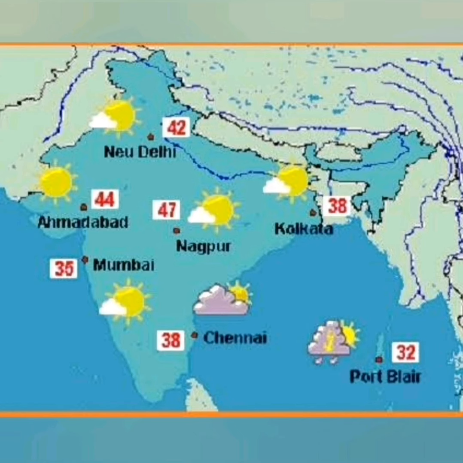Here you can see one weather forecast map in which the temperature of various places is mentioned. In Ahmedabad, the temperature will reach up to 44 degrees. In New Delhi, up to 42 degrees. In Chennai, up to 38 degrees.